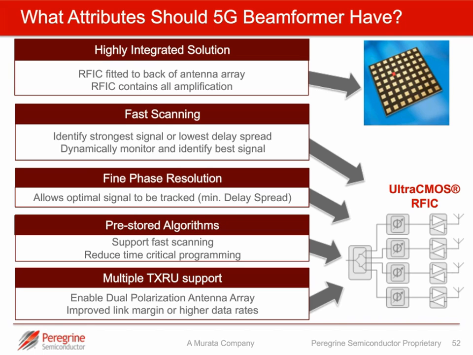Pre-stored algorithms would be helpful in this case because this would help us with fast scanning. Less programming allows us to reconfigure the unit much faster. Multiple TXRU support. So this is going back to the idea that we may want more than one channel, either to track more than one user or to enable things like dual polarization, which give us link margin gains or data rate benefits.